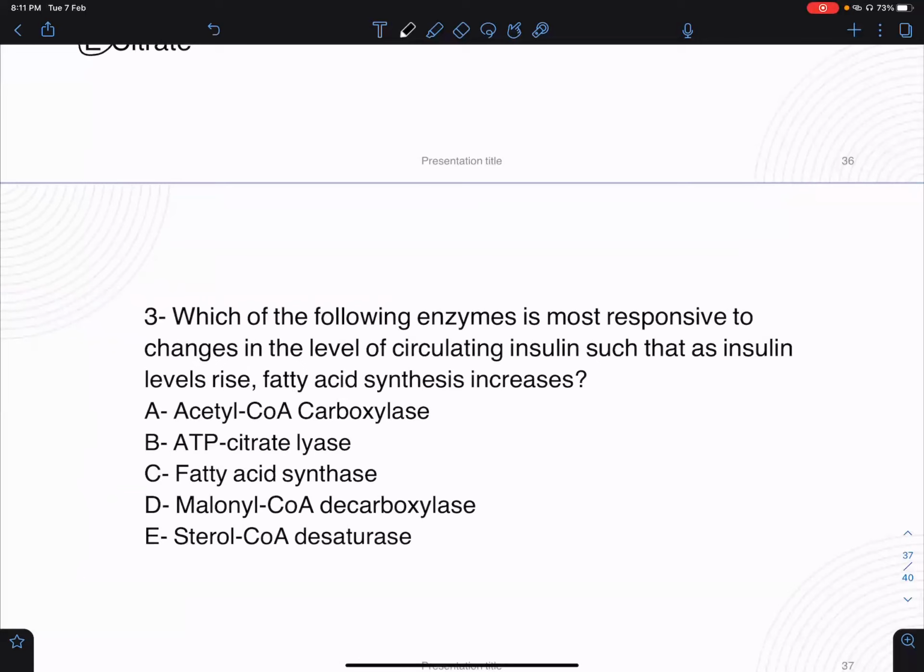Now, third question. Which of the following enzymes is responsive to changes in the level of insulin, such that as insulin increases, fatty acid synthesis increases? Does anyone have an answer?